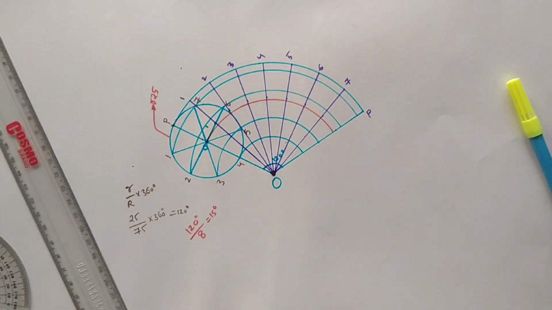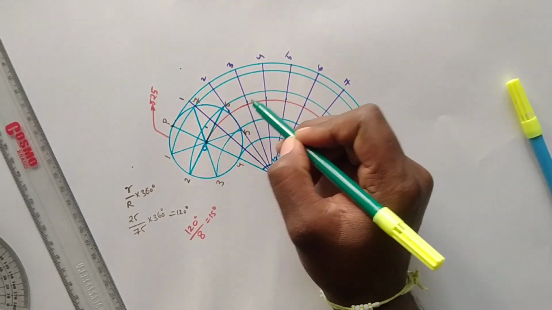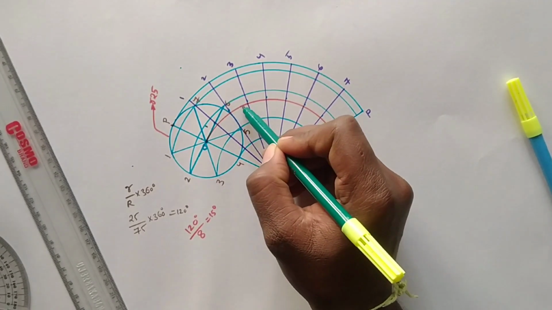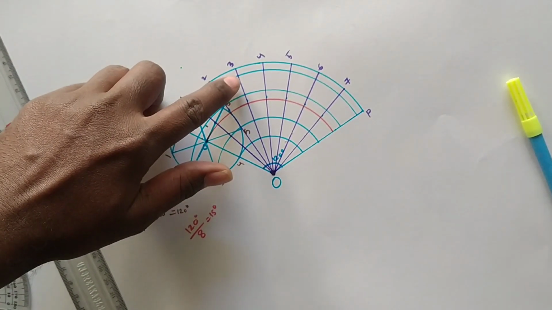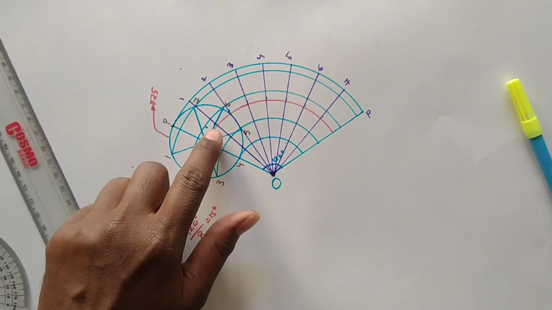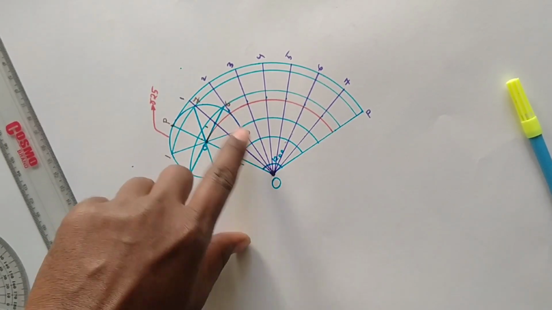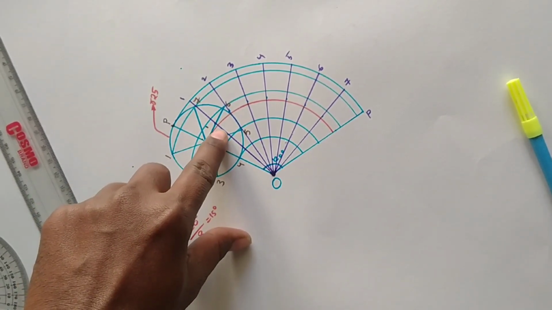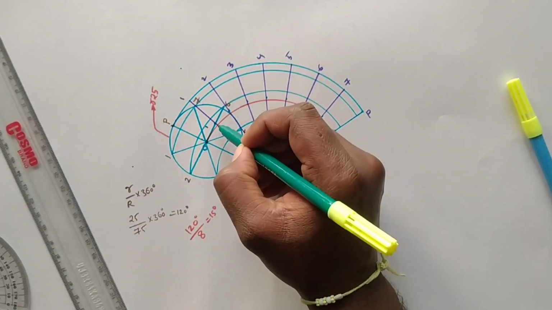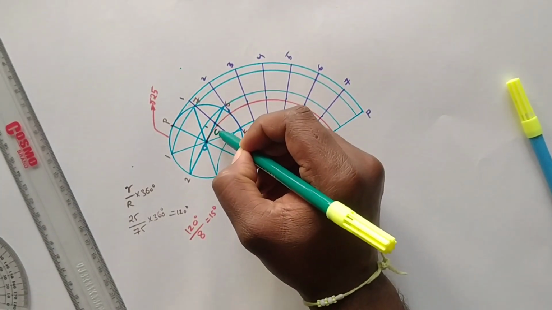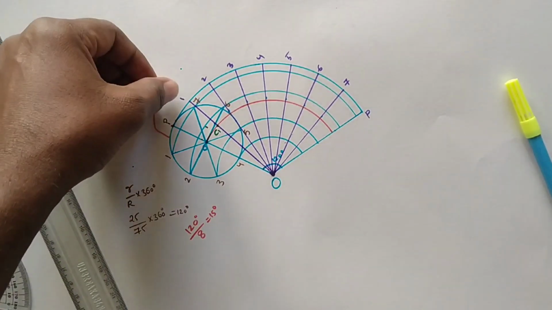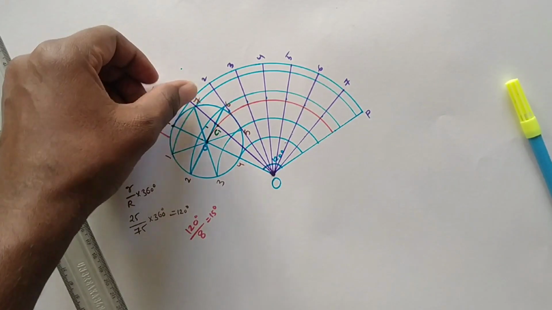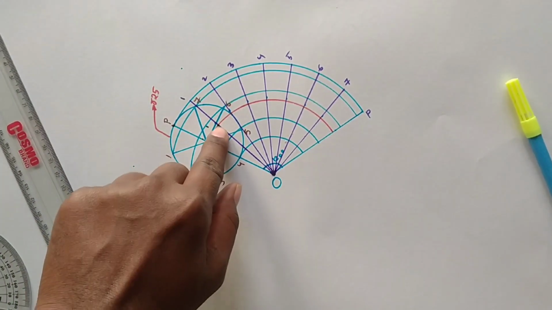Next, remember one thing. This center curve passes through the center of the rolling circle, and these lines divide this angle into 8 equal parts. The O1 line intersects this curve at this point. Let this be C1. That means when the circle starts rolling and reaches the O1 line, the center point of the circle reaches here.